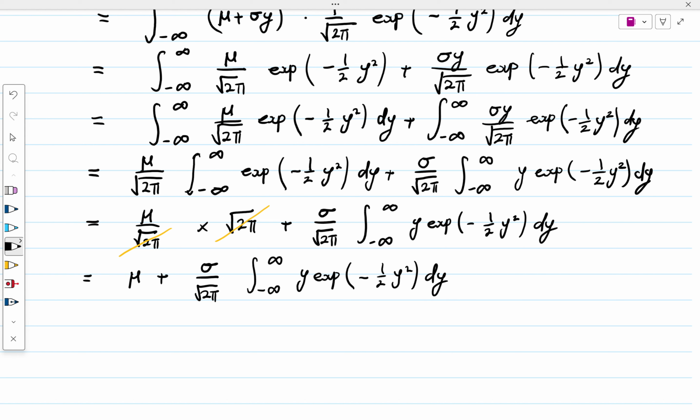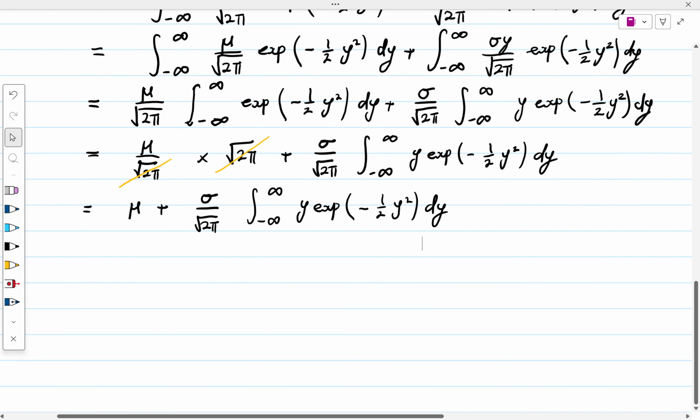Now, what I want us to first recognize is that this function in here is what we call an odd function. An odd function simply means this.